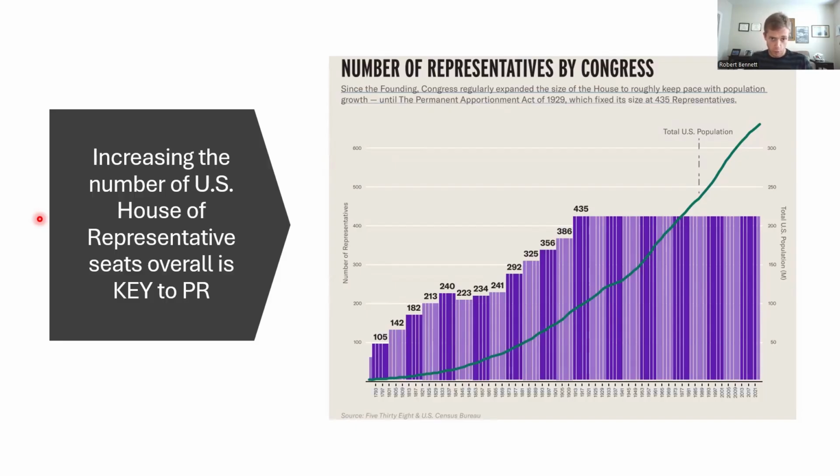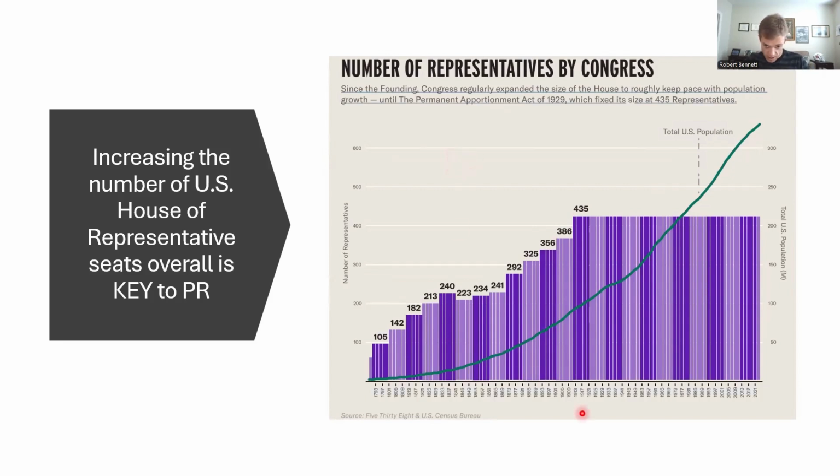Under the Permanent Apportionment Act of 1929, the number of U.S. House reps was fixed at 435. As you can see with the graphic here, the total US population has basically skyrocketed since then. I don't think there are many people walking today that were around in 1929. So if we really want to make sure that proportional representation is done right, making sure that the number of reps increases is vital.